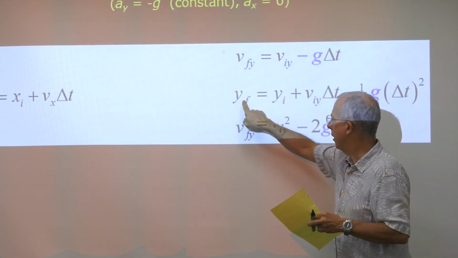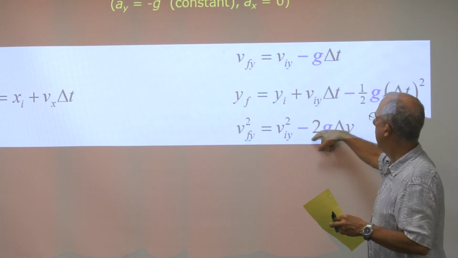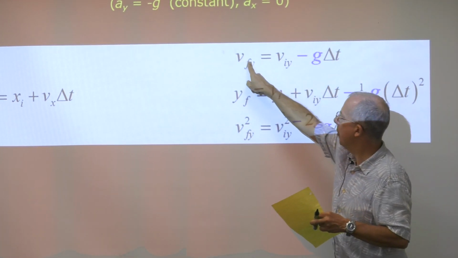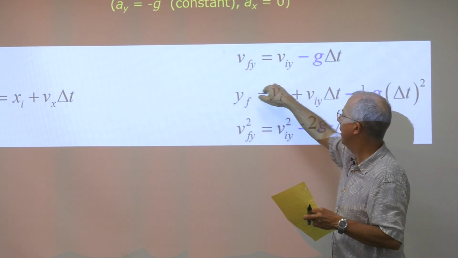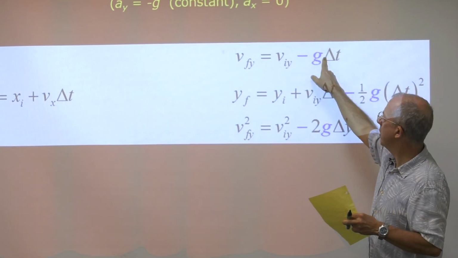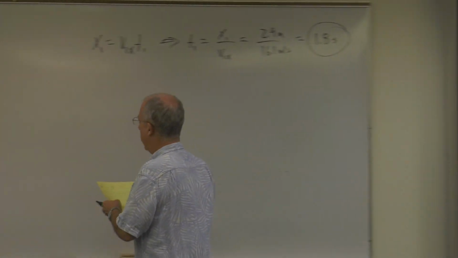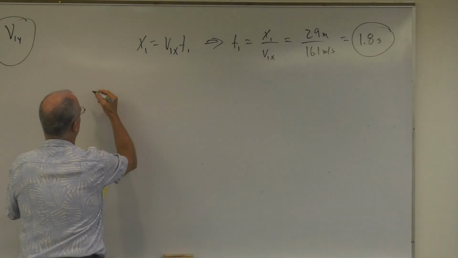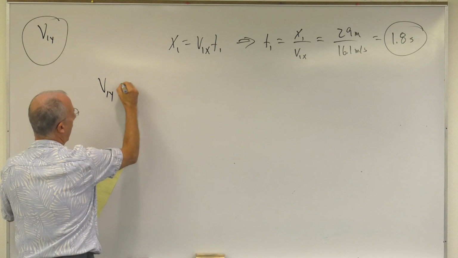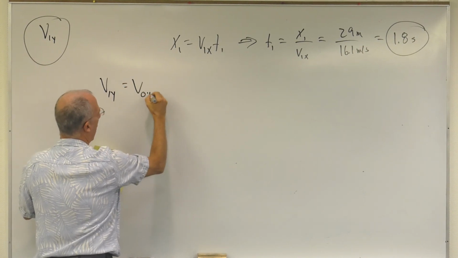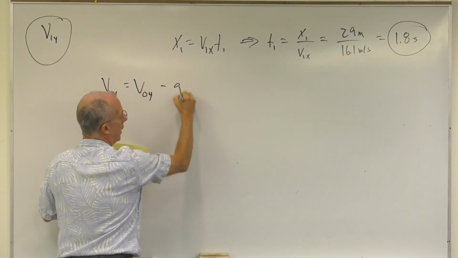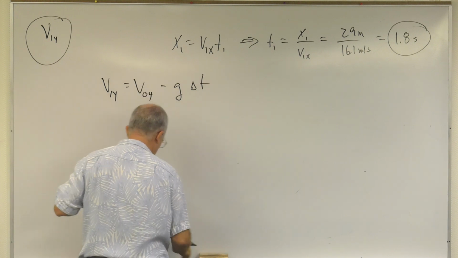Can't use this one, because we have to know the final y. Oh, look at that, this is what we want, the final y velocity. We know the initial y velocity, we know the time. That's what's going to work. v1y equals v0y minus g delta t.